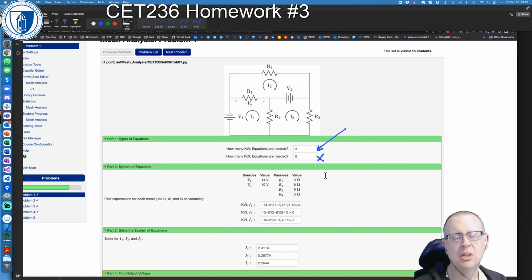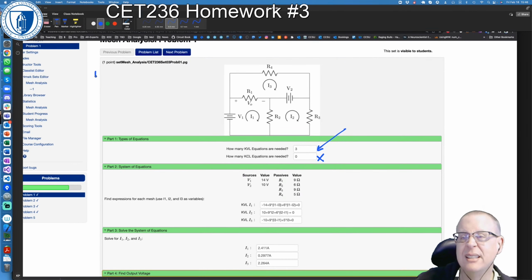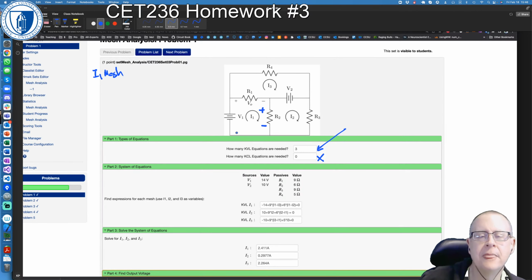Right, and then we've got to apply our Kirchhoff's voltage law to each of the three meshes. So let's try the I1 mesh first, right? And go around here, and I'm going to put a plus sign and a minus sign there.